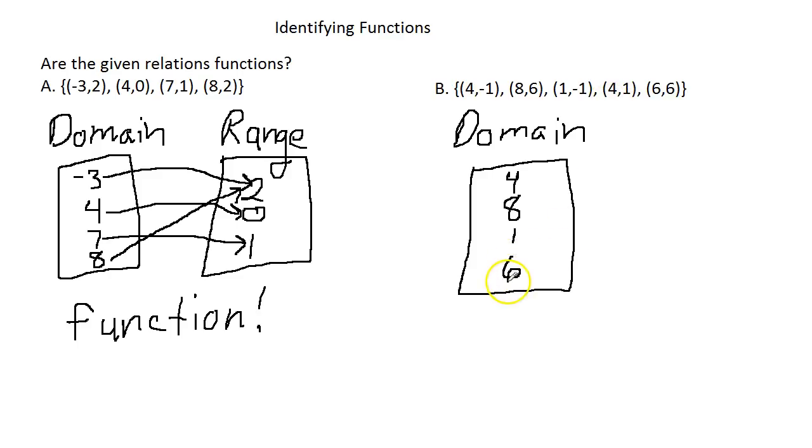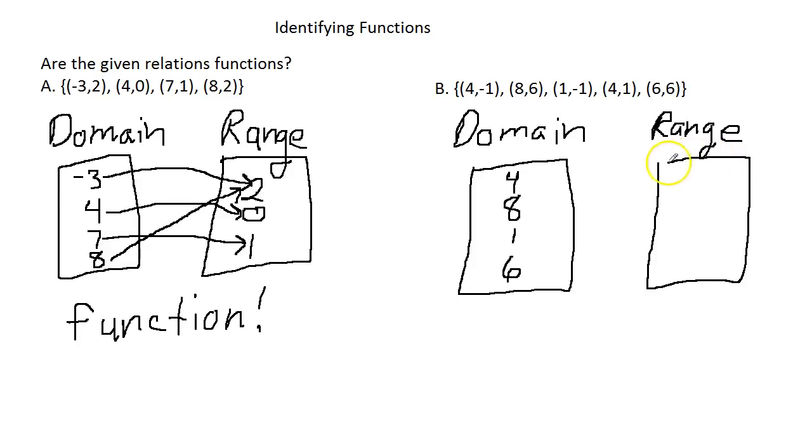And 6. Okay, range. Okay, I have -1, 6. Now, -1 is already listed. And we have +1, and then 6 repeats.